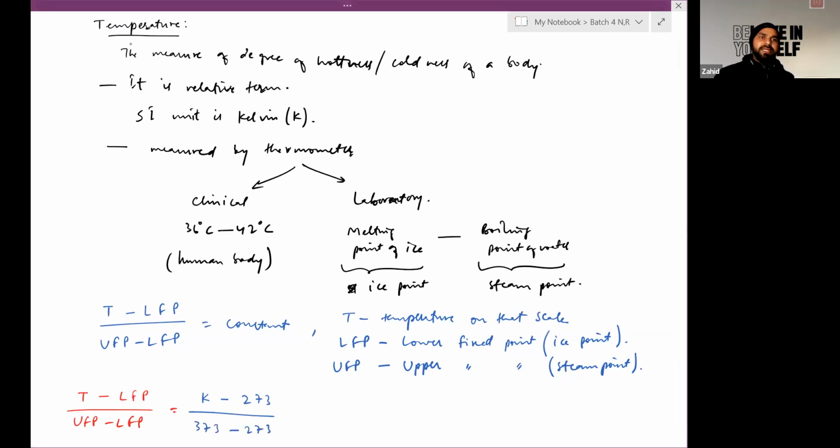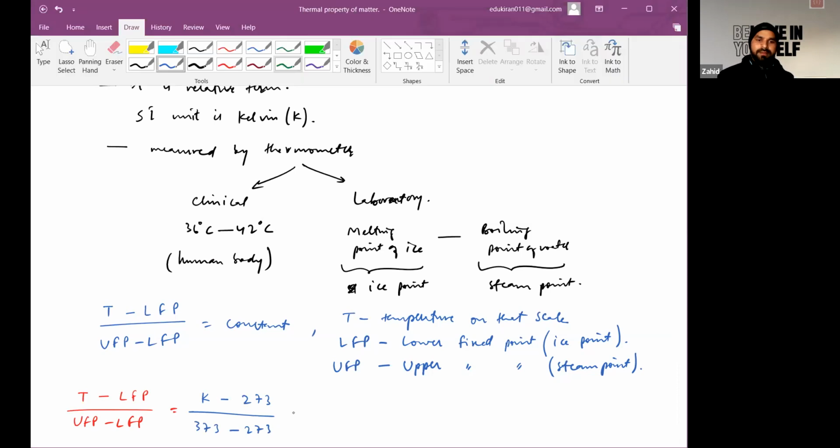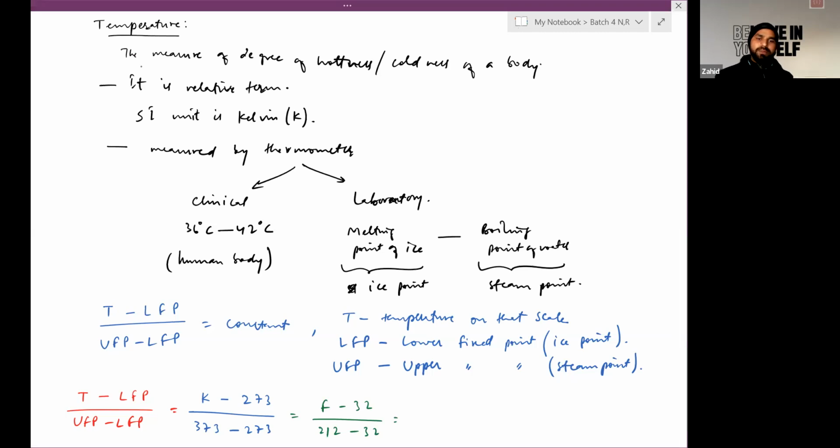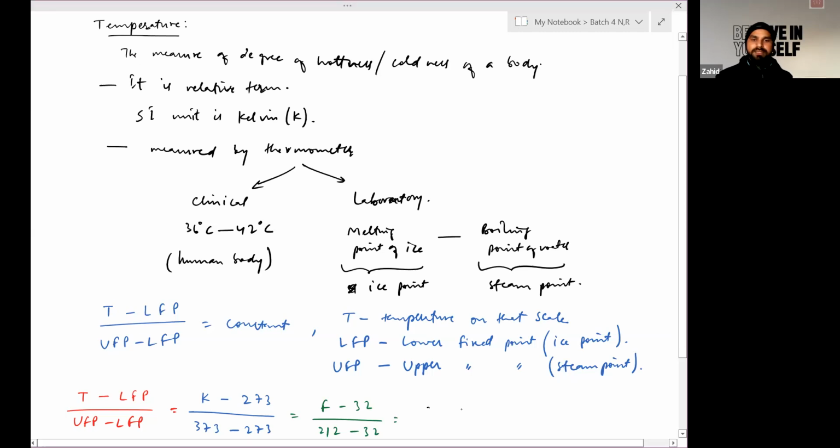In terms of Fahrenheit, it will be (F minus 32) divided by (212 minus 32). In terms of Celsius, it will be (C minus 0) divided by (100 minus 0), and so on in any other scale as well.